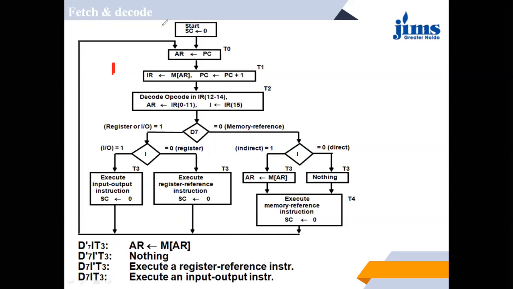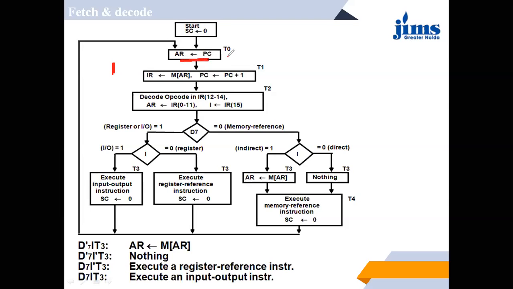So I will tell you this flow once again. At time T0, it transfers the content of PC, that is program counter, to address register.